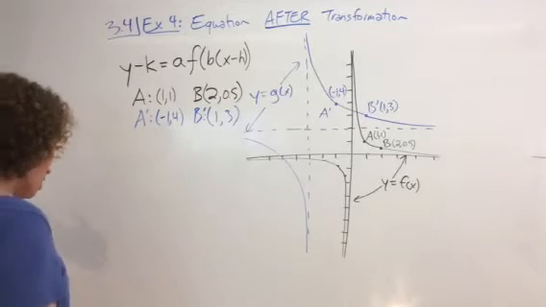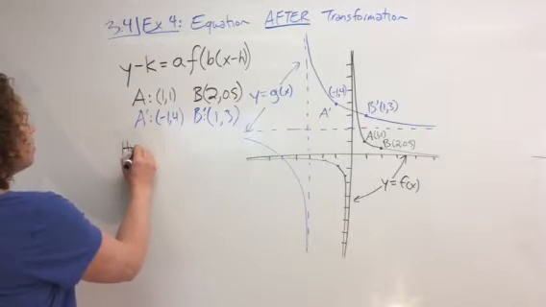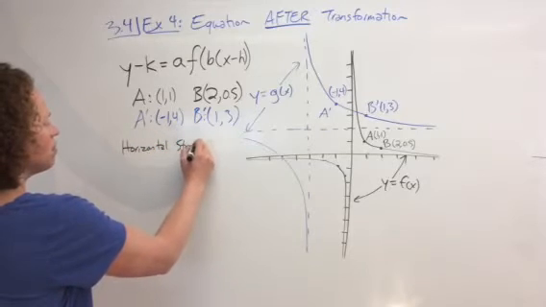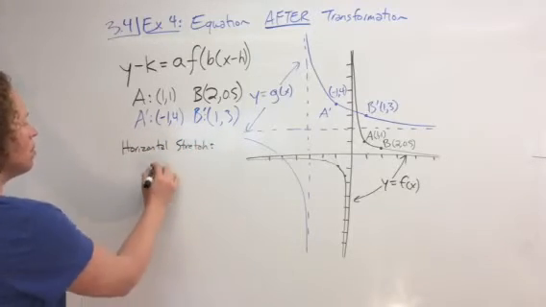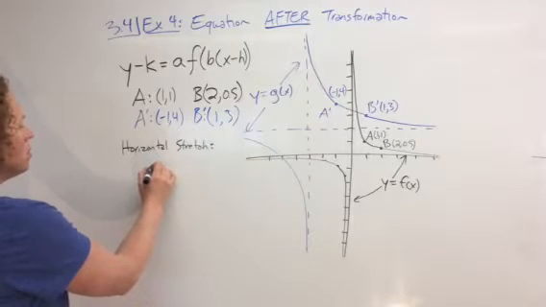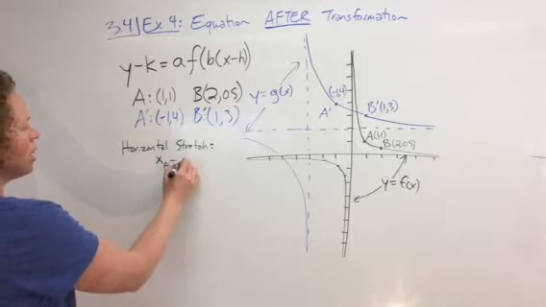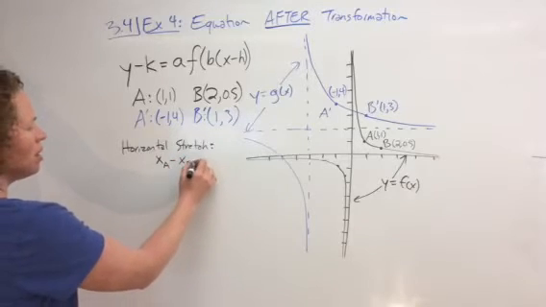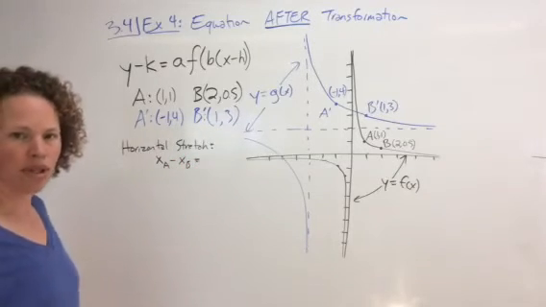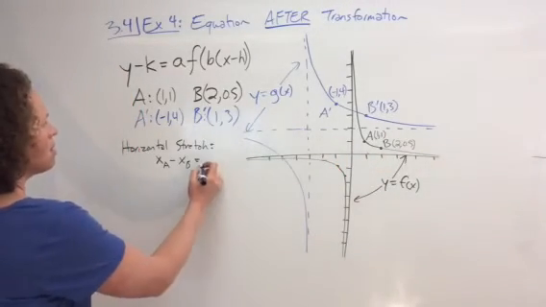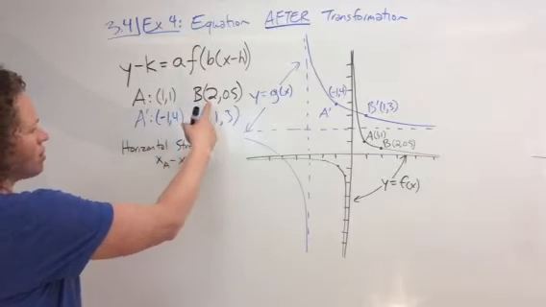So when I'm looking for my horizontal stretch or compression, I'm going to go x of A minus x of B to find out how different they are. In this case, it's 1 minus 2.